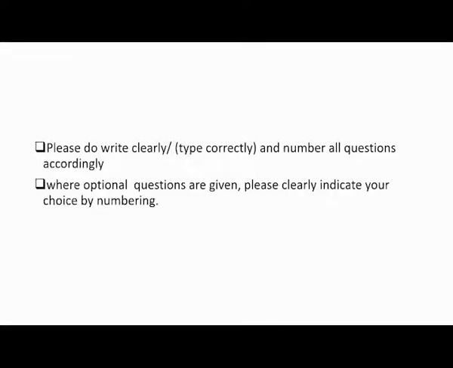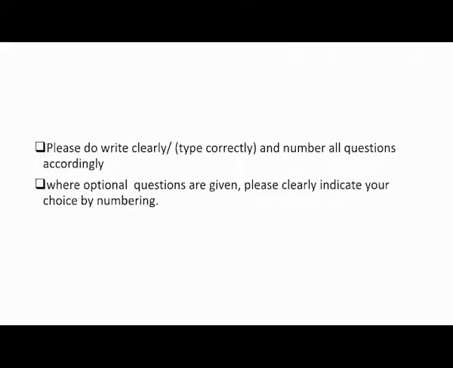You need to number and indicate your questions carefully so that the marker is not confused and does not make decisions that may disadvantage you.